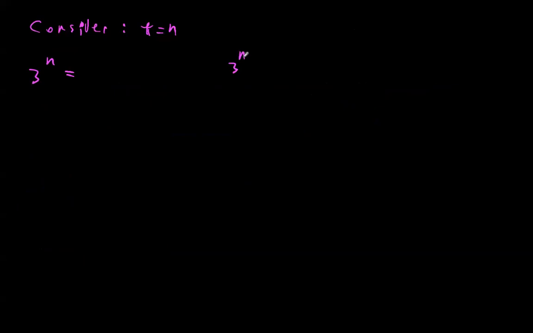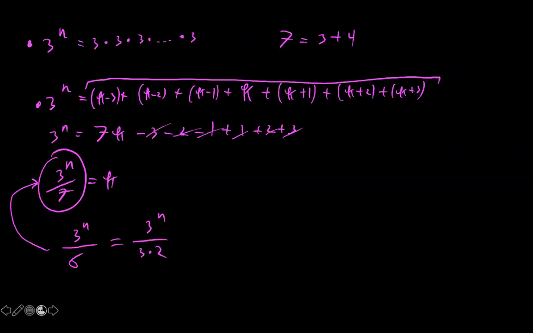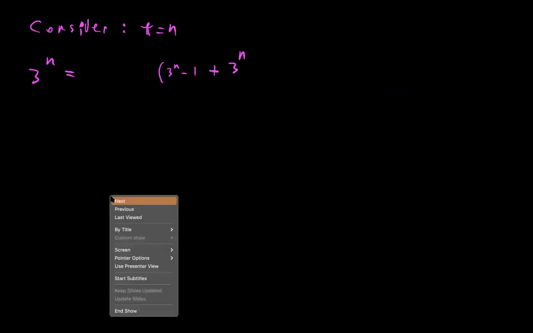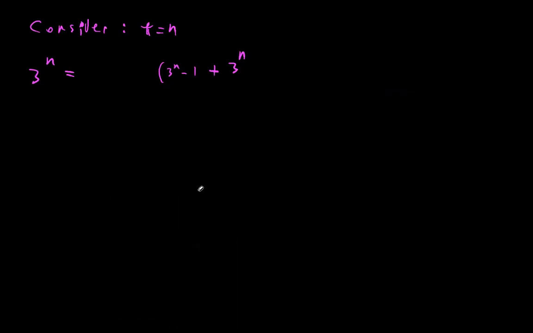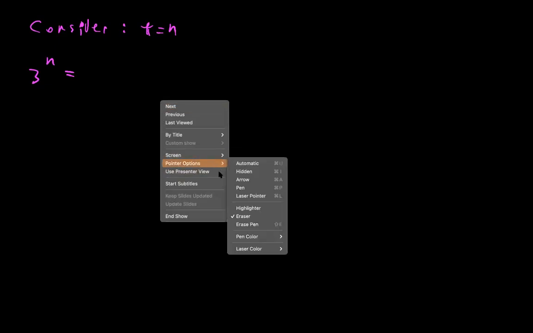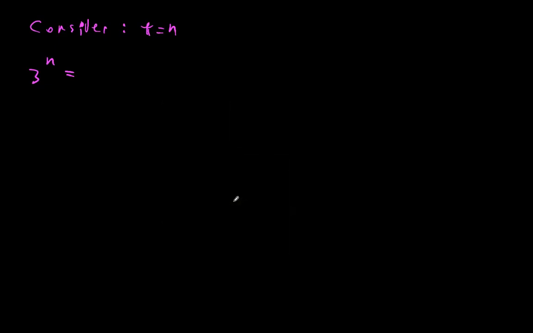So if you set this up, then you would have 3 to the n, because we want to write it with 3 to the n consecutive integers. Now I see why I got confused, because I'm using k and I was using k before, but now k is the power. So let's use m.